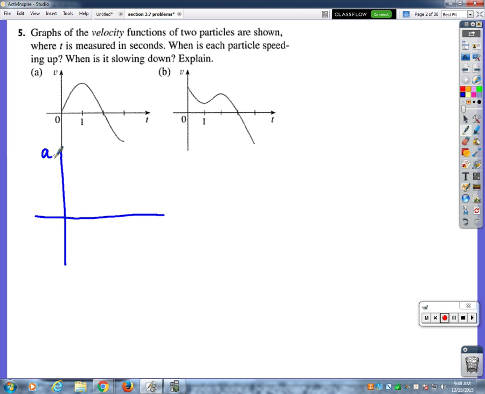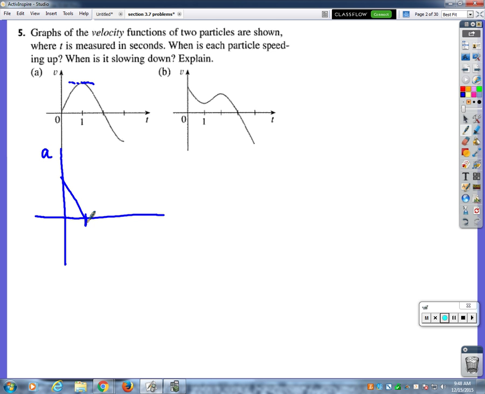And so at this point right here, since my tangent line would be horizontal, that means that the acceleration would be 0. Everywhere to the left of that, the slope of the velocity curve is positive, so that means the acceleration is going to be positive. I know, it's weird, isn't it?